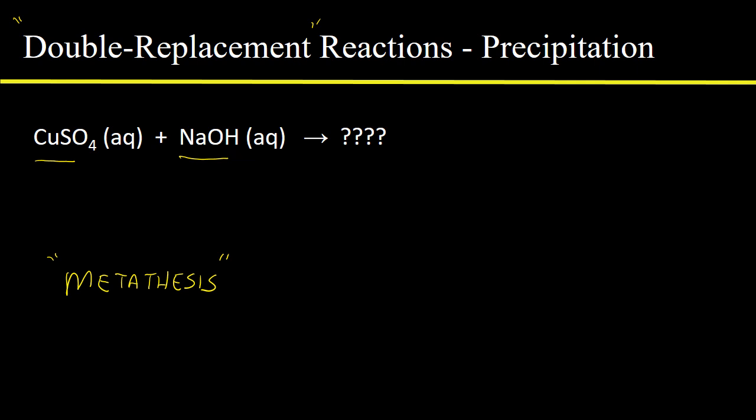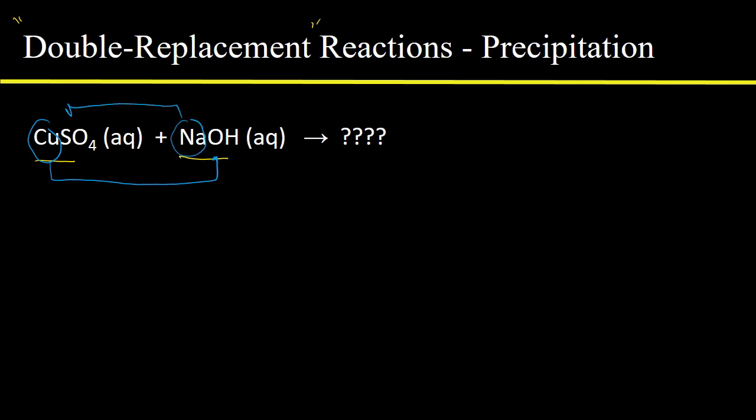Okay, so what that means is if there's going to be a reaction, the reaction is going to be these 2 ionic compounds switching places. So the copper is going to go with the hydroxide, and the sodium is going to go with the sulfate. Okay.